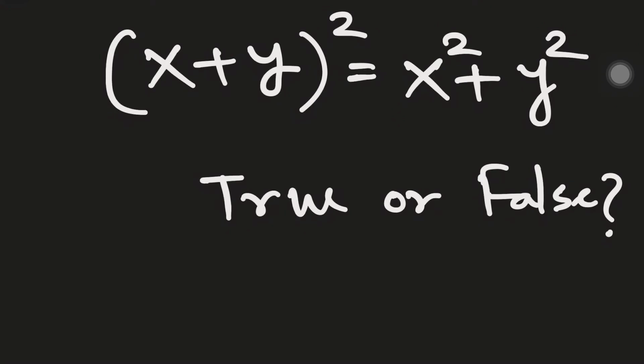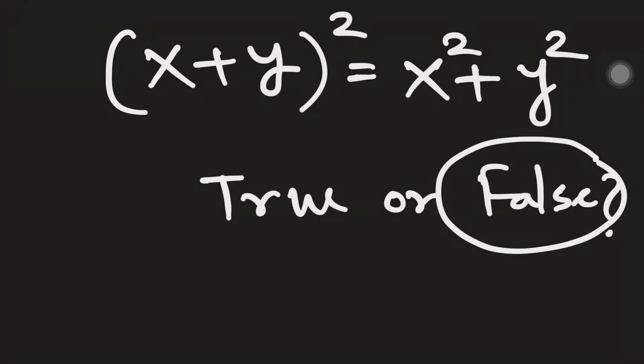(x plus y) whole squared is equal to x squared plus y squared. True or false? I'll give you 10 seconds. So it's actually false. How do I know it's false?